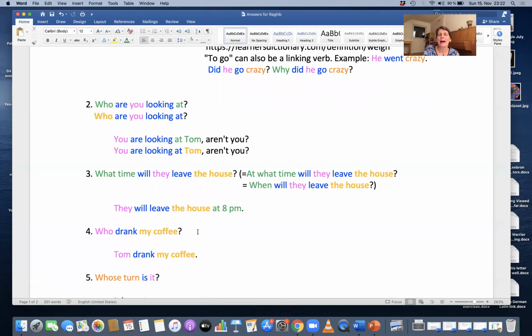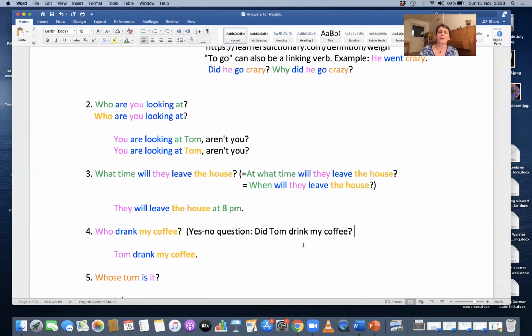But when I want to ask for information and I want to use a question word for that reason, I always need to put the question word in initial position. And let me write this down here. A yes/no question version would be: Did Tom drink my coffee?